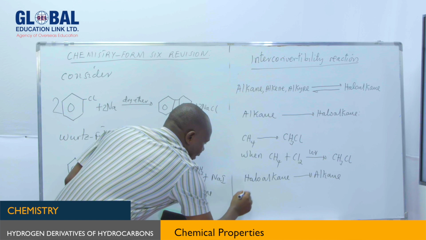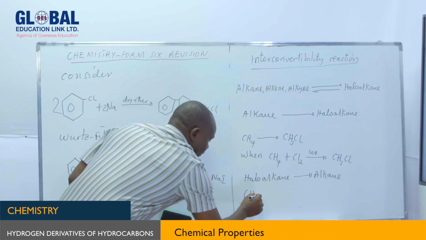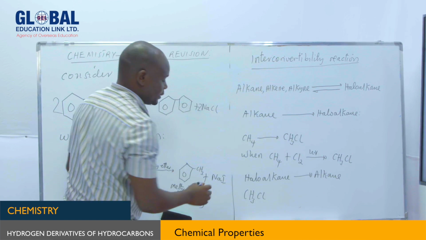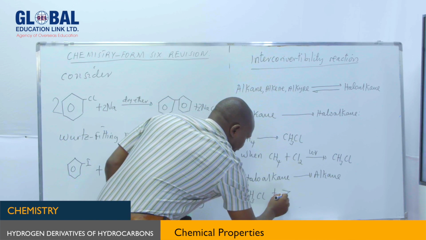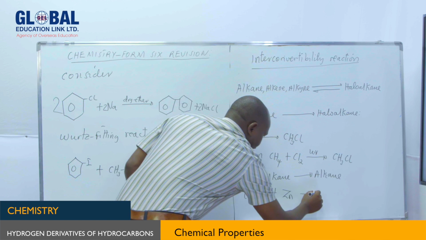So this haloalkane, which is CH3Cl, can be treated by reduction with zinc metal. Then you'll have the product.